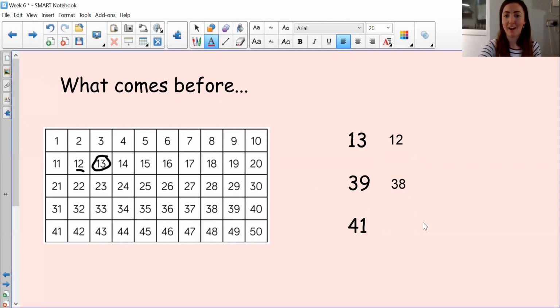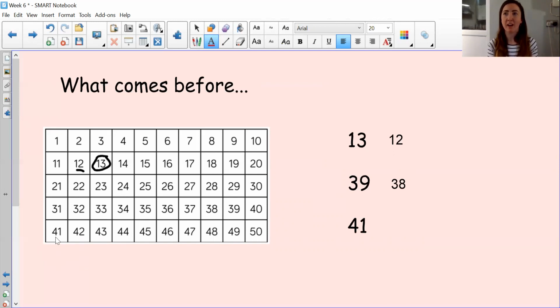And then finally, what does this number say? It says 41. Can you pause here to find what number comes before 41? Okay, this one's a bit trickier, isn't it? Because 41 comes at the beginning of this row, or the start of this row.